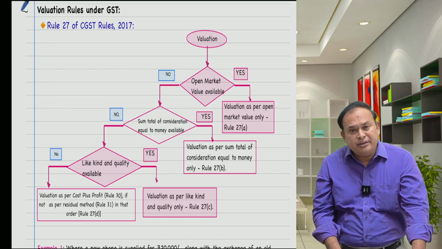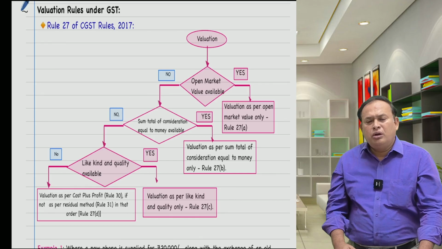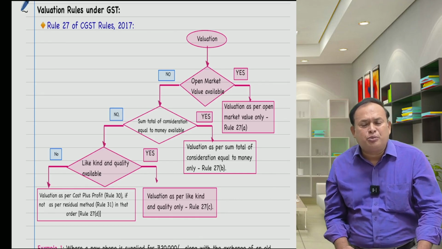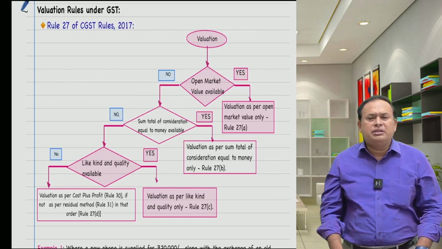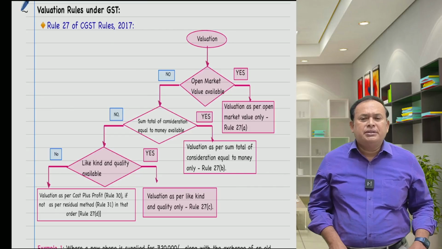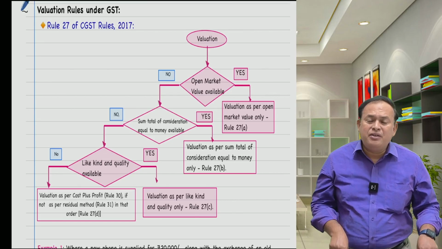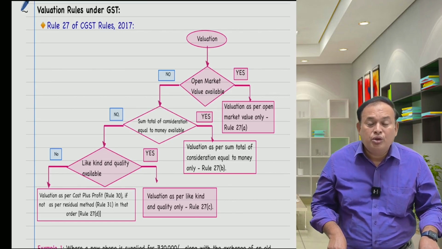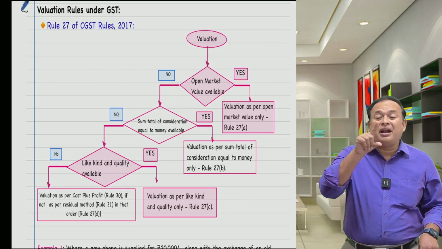Suppose you say, sir, why should I refer to the cost of production? I am not interested in referring to the cost of production, and it is difficult for me to catch hold of and arrive at the value. In the absence of adequate information to arrive at value under rule number 30, then refer to rule 31.